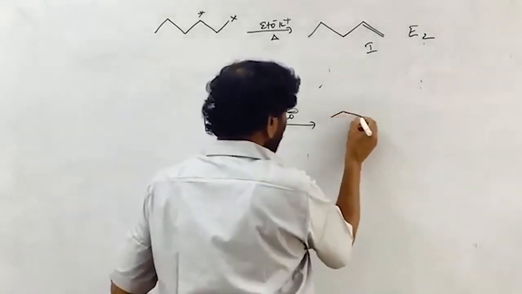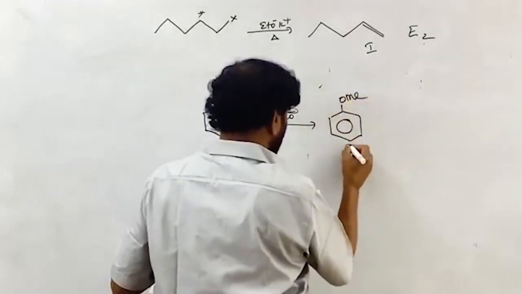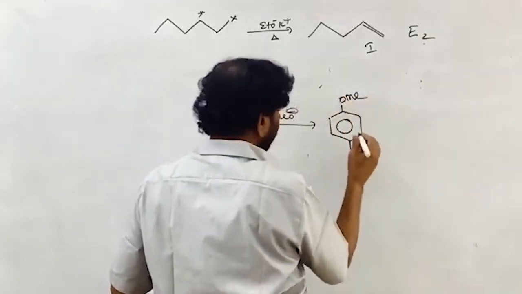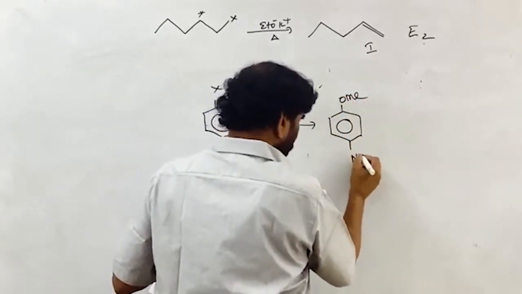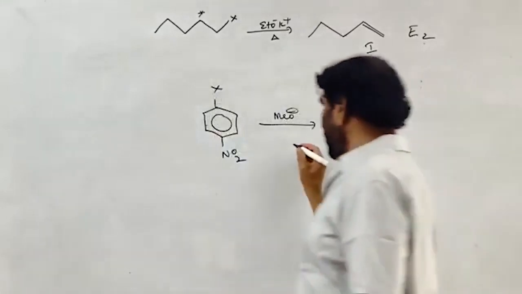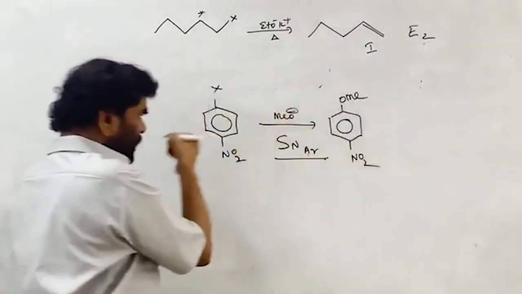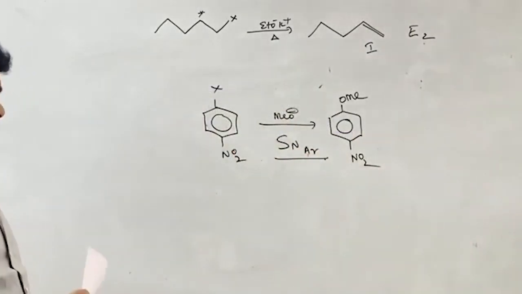Now you get this product. This is OMe, and this is the nitro group, SNAr reaction, nucleophilic substitution on aryl halide aromatic systems.